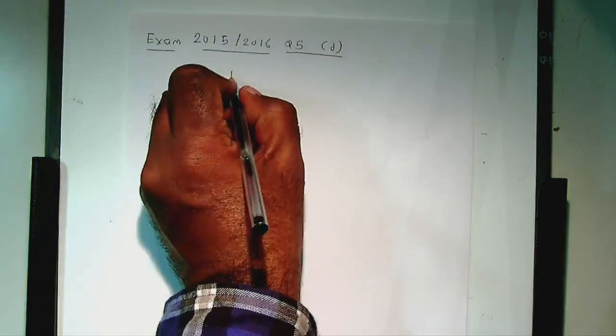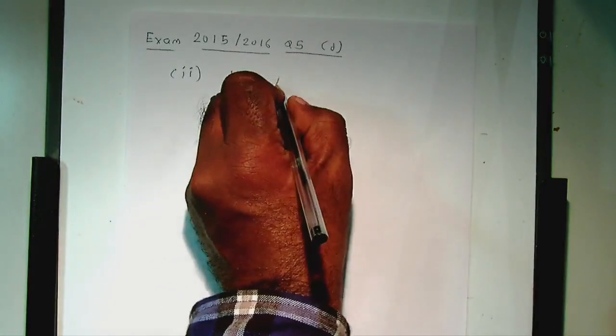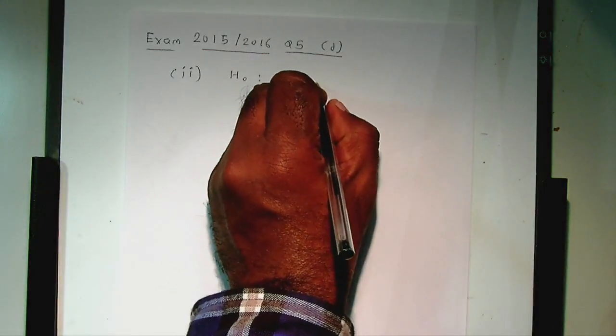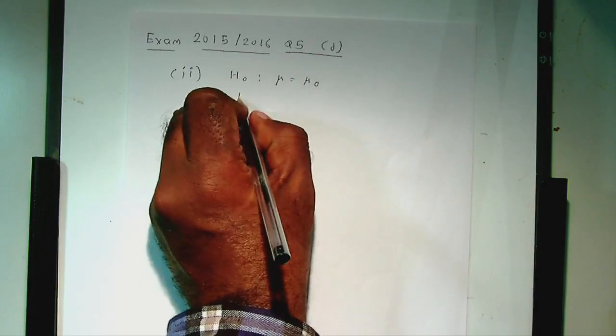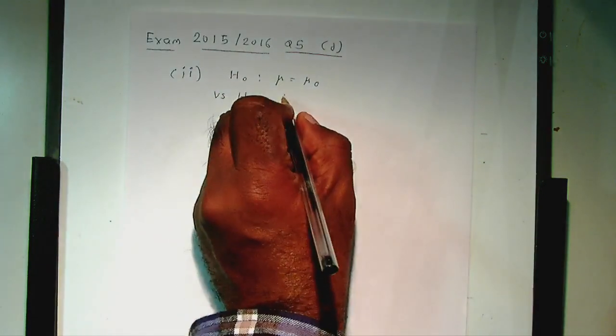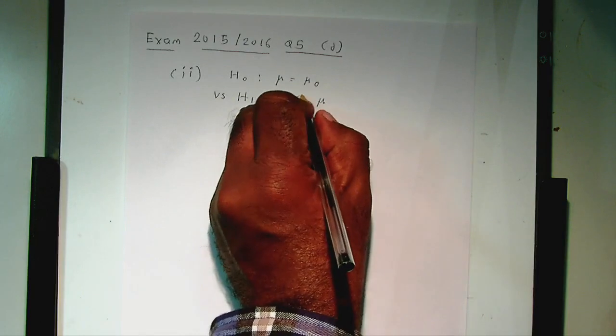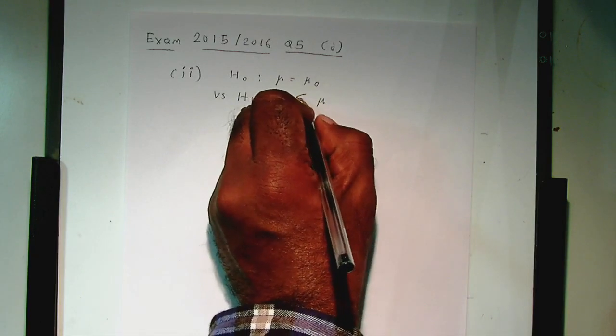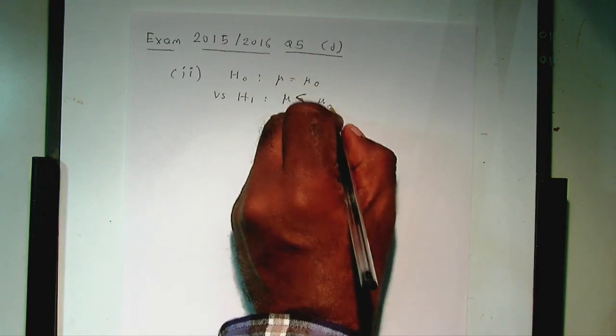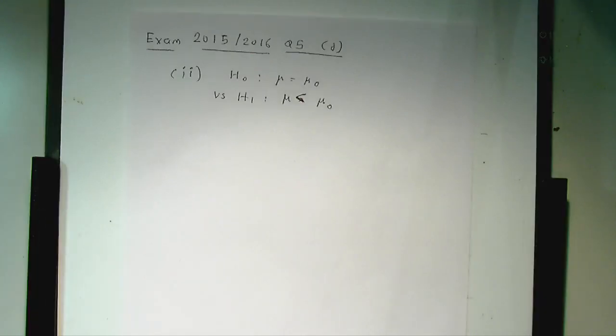All right, here you have mu. Okay, so you have mu equal to mu0 versus mu less than mu0.